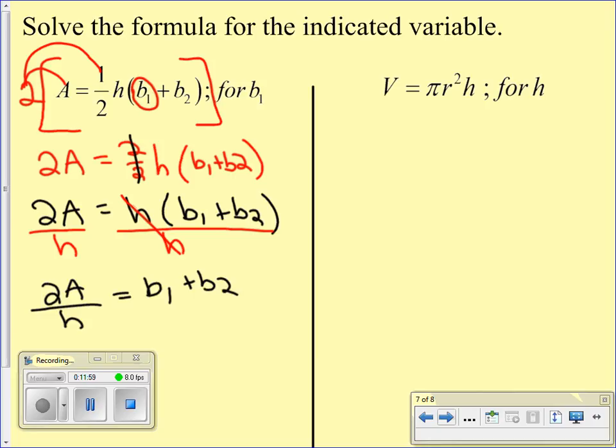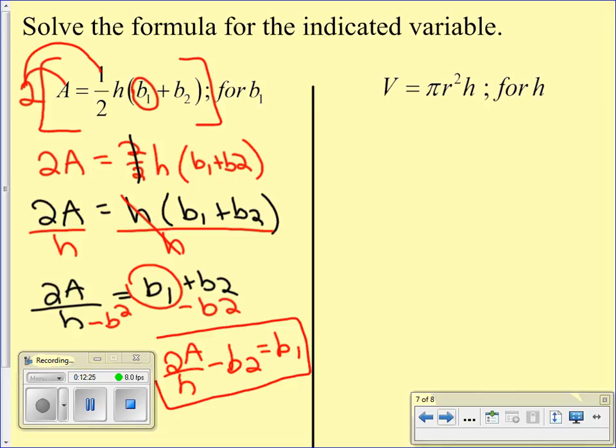I am literally just moving the variables around. So now I want to get B1 by itself because that's what I'm solving for. So subtract B2, subtract B2. So that my answer is 2A over H minus B2 equals B1. A new equation, not a number answer.